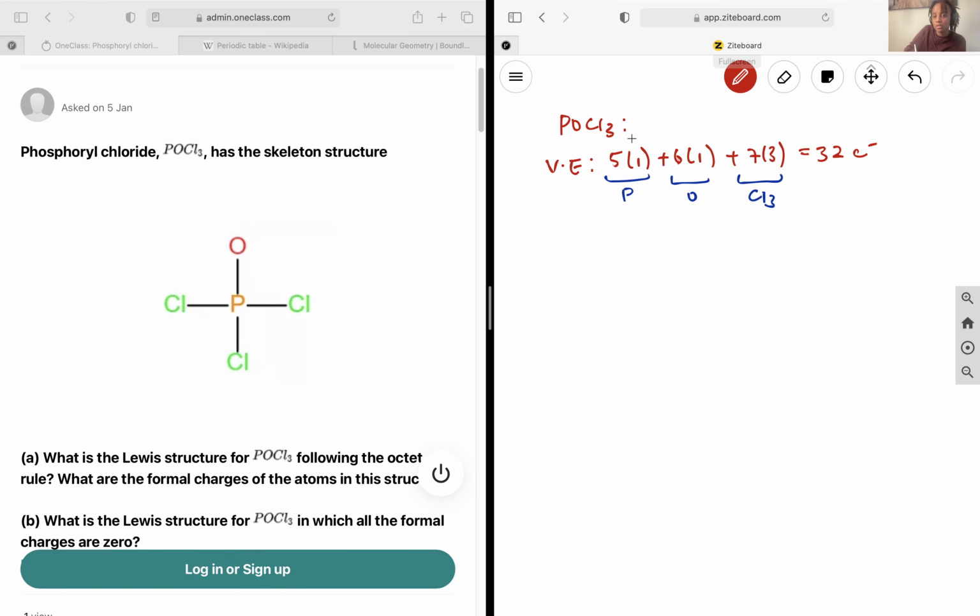From this, we can quickly figure out which one is the central atom. It's the one that can make the most bonds. For phosphorus, that's 8 minus 5, so it can make 3 bonds optimally. Oxygen can make 8 minus 6, so 2 bonds optimally. Chlorine can make 8 minus 7, so 1 bond optimally.